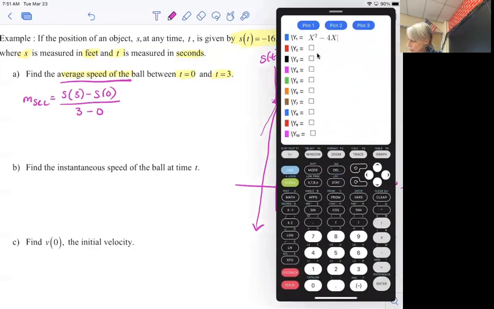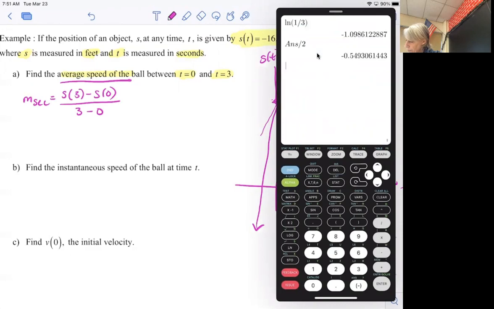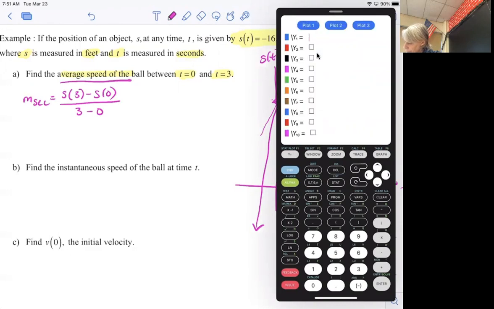You could do it in your calculator. We might as well put it in our calculator. Negative 16x squared plus 128x plus 100.